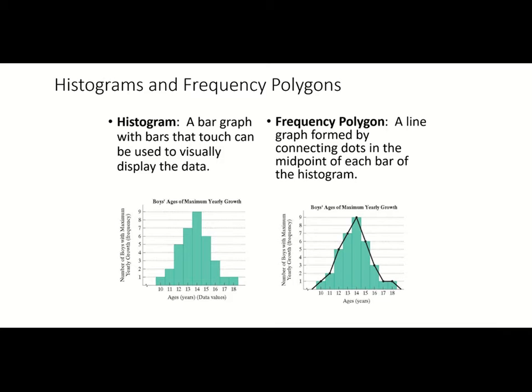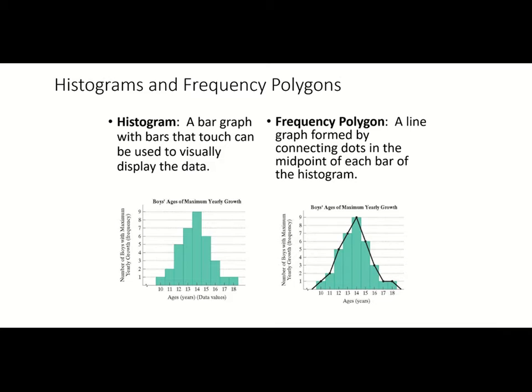All right, and using that information, we can create different charts to help us understand the information. So they took here the boys' ages of maximum yearly growth, and they made 2 different charts.